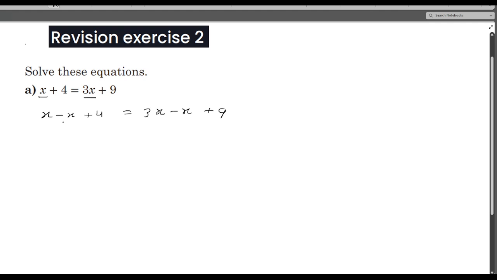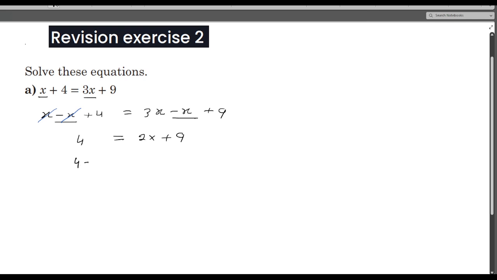Since we are revising, we are going to discuss in a little detail. As you can see, x minus x on the left hand side becomes 0. So you have 4 on the left hand side, and your right hand side is 3x minus x, which is 2x plus 9.